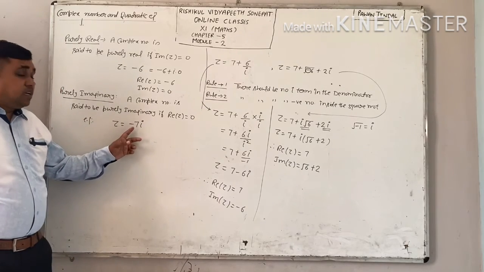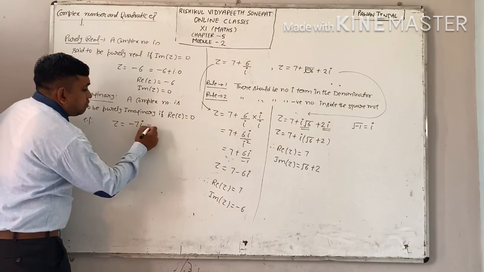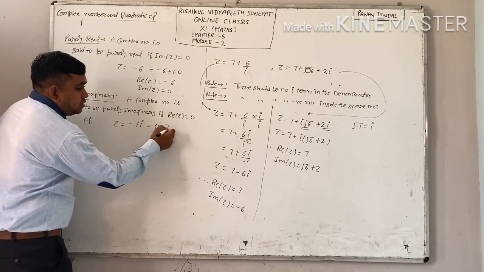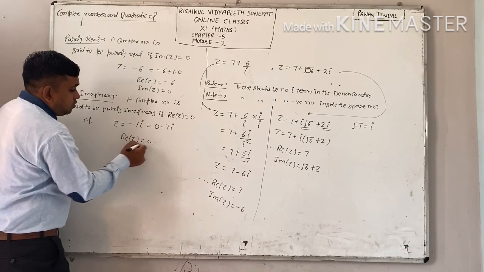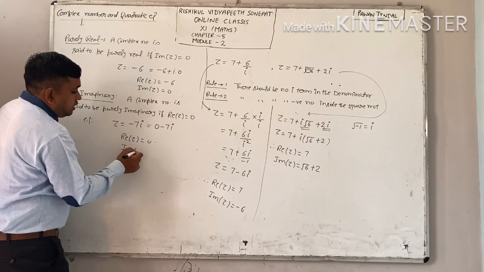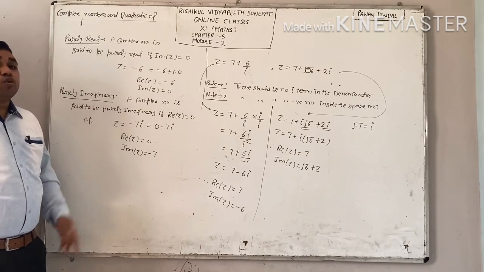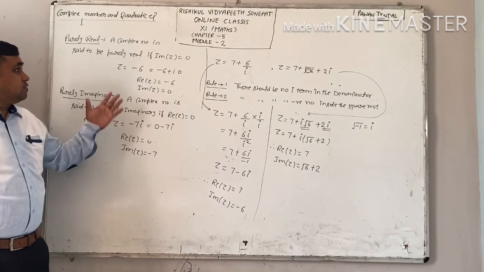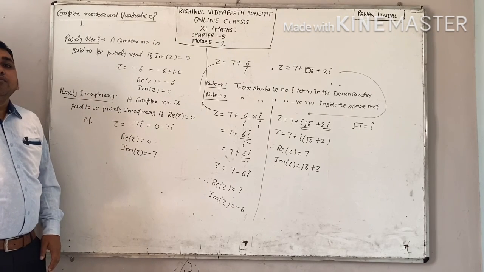You can say here we are having only one term, that is of iota. There is no real term. First of all, write it in the form of a plus iota b. 0 minus 7 iota. You can see easily here real part is 0. And when real part is 0, you can say that complex number is your purely imaginary. Right? In this way, we can study purely real and purely imaginary numbers.